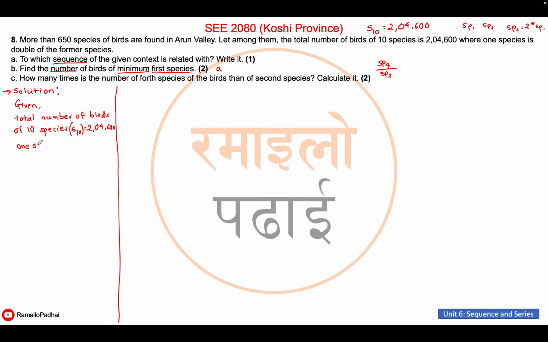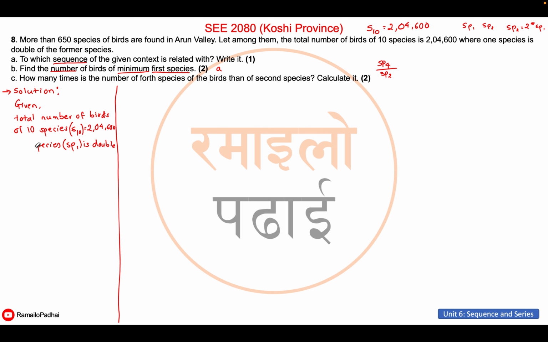Also one species is double the former species. I will not write sp1 because sp1 is species 1.